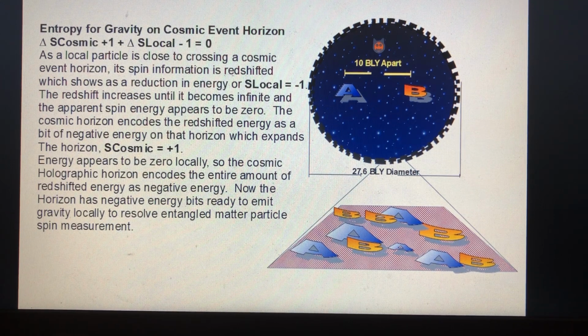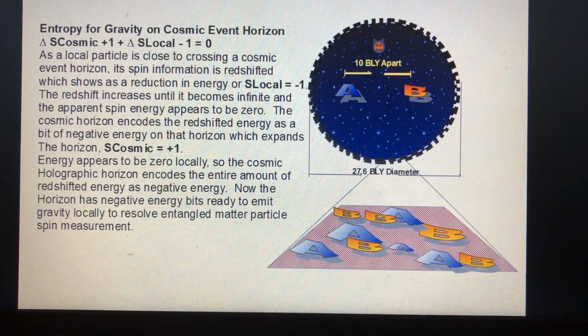As a local particle is close to crossing a cosmic event horizon, its spin information is redshifted, which shows as a reduction in energy, or S local is minus 1. The redshift increases until it becomes infinite, and the apparent spin energy appears to be 0. The cosmic horizon encodes the redshifted energy as the bit of negative energy on that horizon, which expands the cosmic horizon by 1 bit.